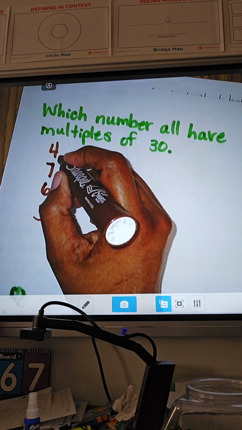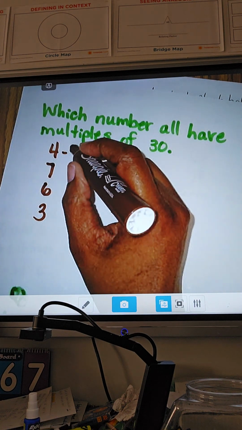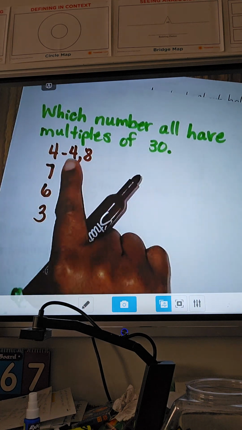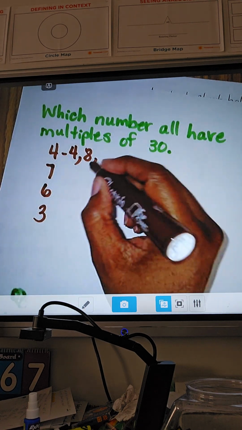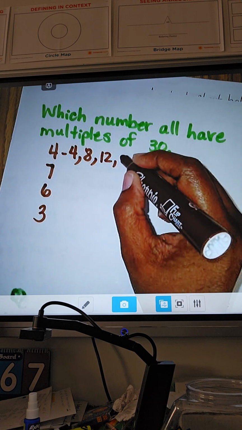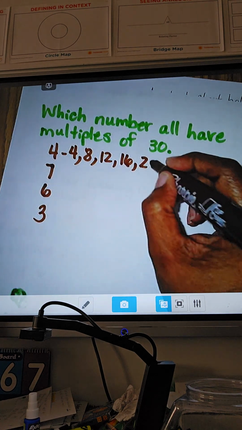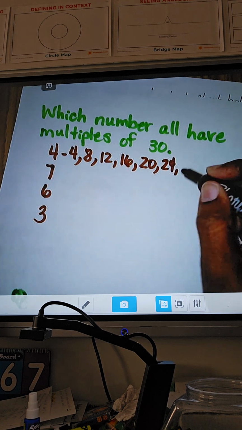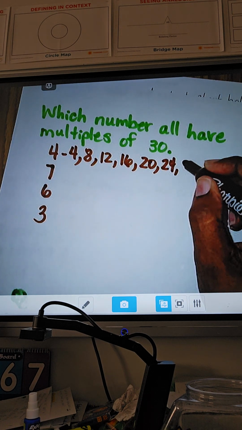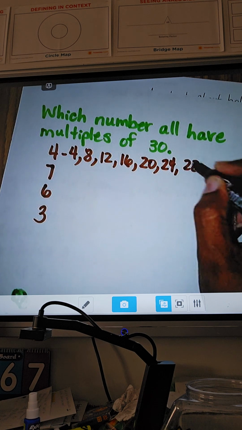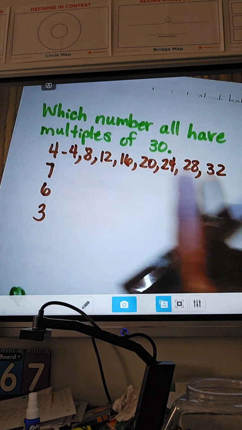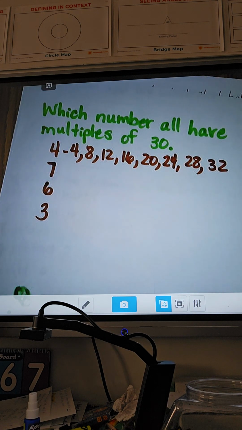So multiples of 4 means you skip count by 4. So 4, 8. So it's like 4 times 1, 4 times 2, 4 times 3 is 12, 4 times 4 is 16, 4 times 5 is 20. 4 times 6 is 24. 4 times 7 is 28. 4 times 8 is 32. So we know 4 does not have multiples of 30.